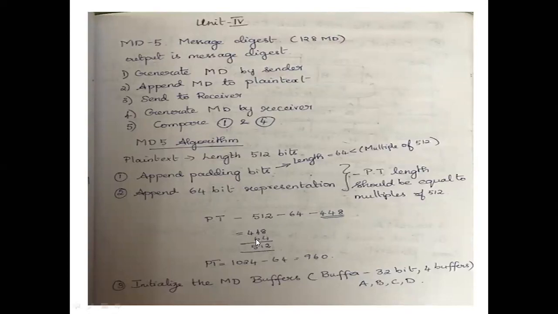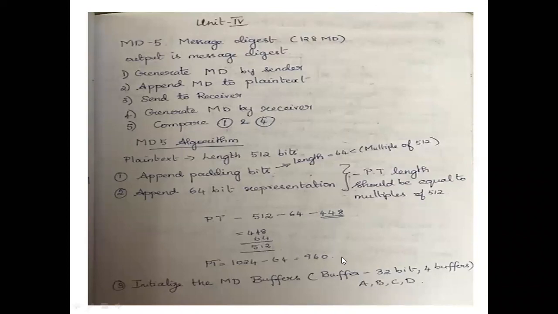So 448 plus 64 gives you 512. So your plain text should be of length 512 bits, and it can also be equal to multiples of 512. That is also allowed. For example, if your plain text is 1024, then you must first pad up to 960, because in the second step you will be adding 64.